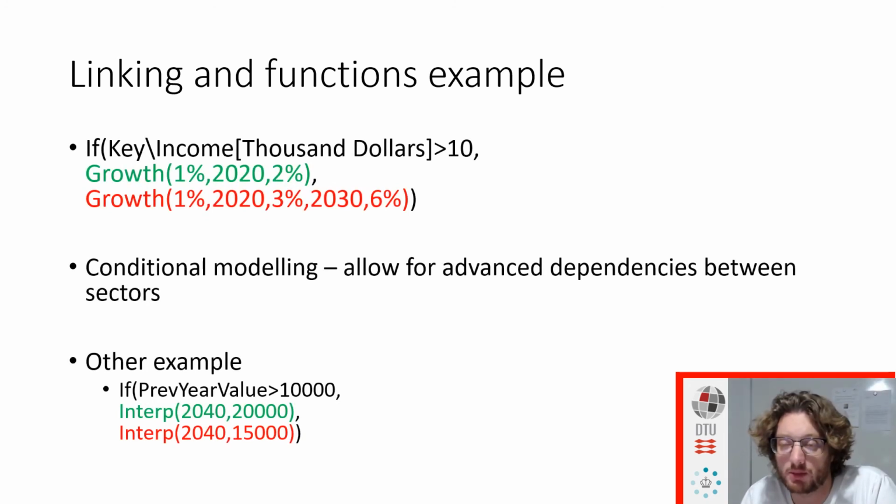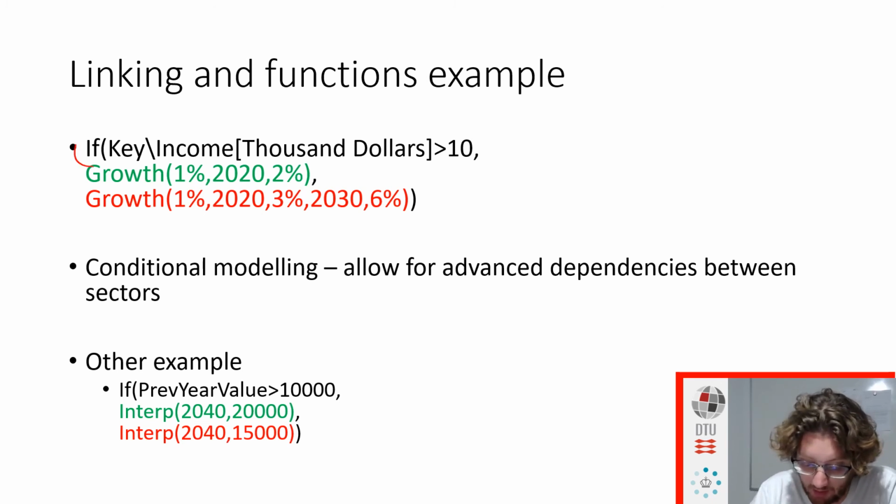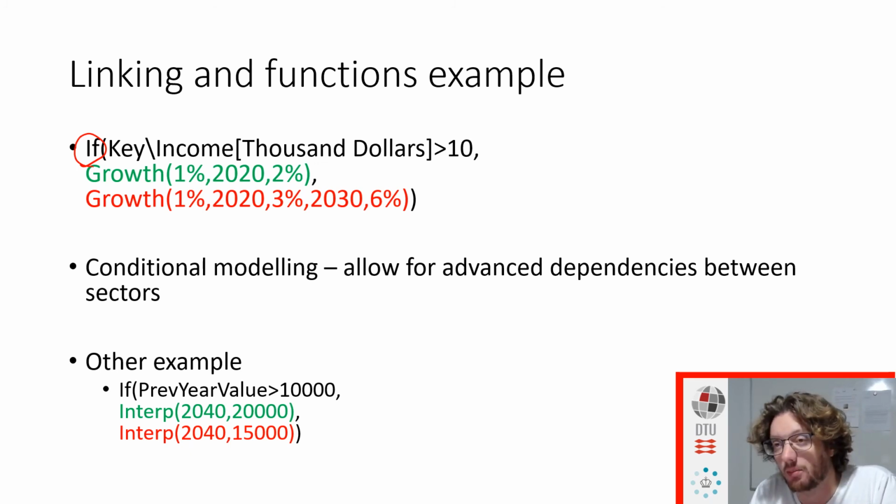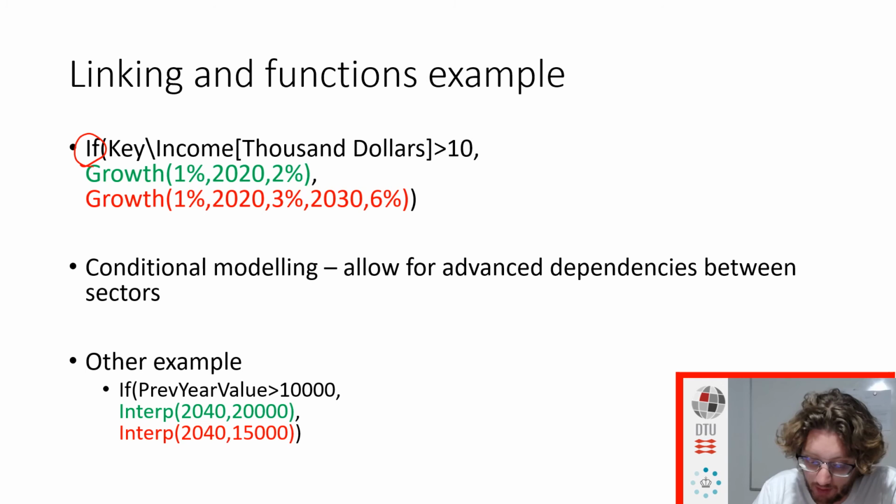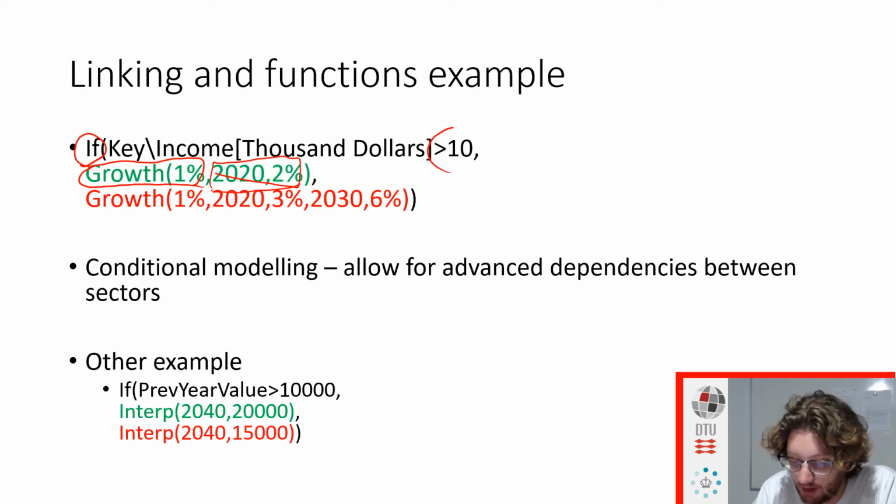So here I'm just going to show you a few different methods. This is the one you saw before, and this basically means here we have the if the key income in $1,000 is above 10, so if the income per capita reaches above $10,000 in any given year, then your growth rate from the beginning should be 1, but after 2020 it should be 2, which means in this case, as soon as we hit the $10,000 threshold, it switches to a growth rate of 2.